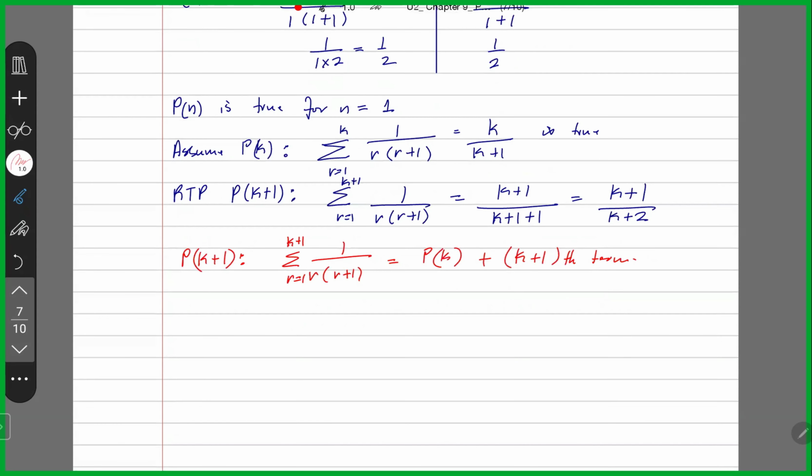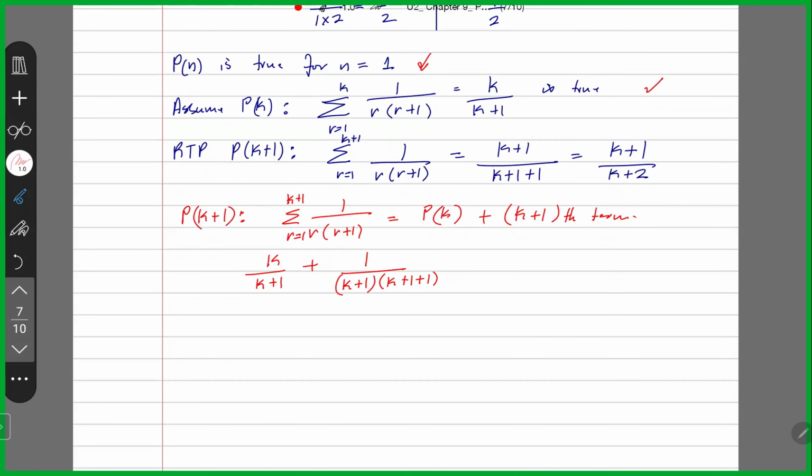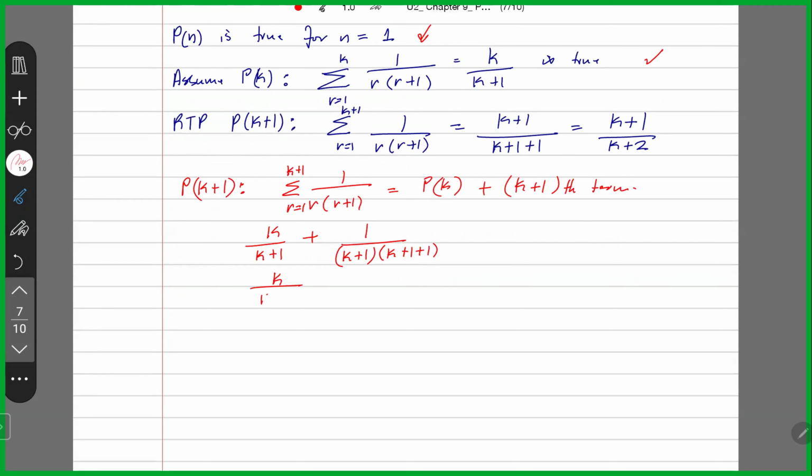Now, Pk from this line is assumed to be k over k plus 1. Now, plus the k plus 1 term, using the general term, it will be 1 over k plus 1, k plus 1 plus 1. So what we have here is k over k plus 1 plus 1 over k plus 1, k plus 2.